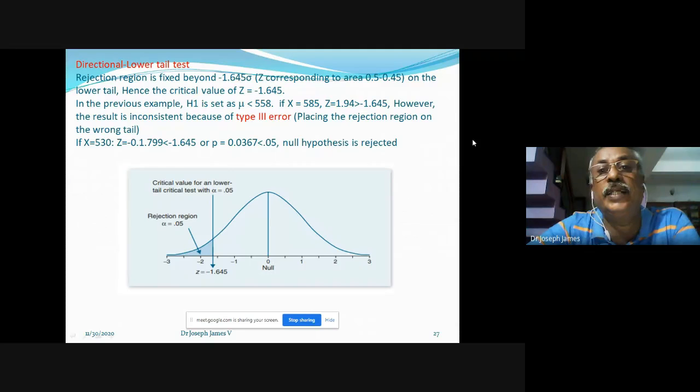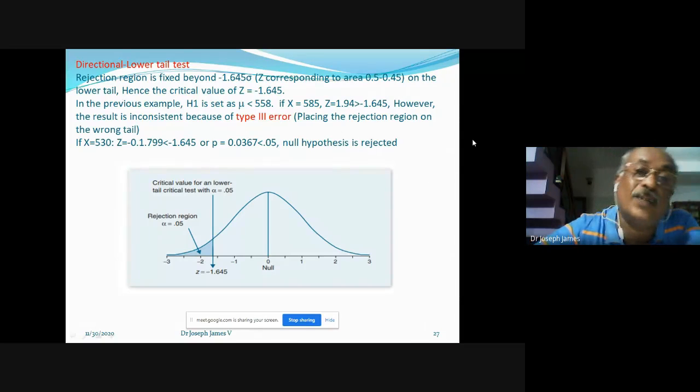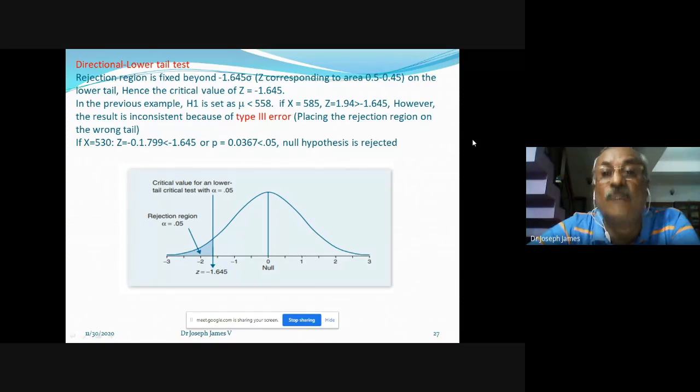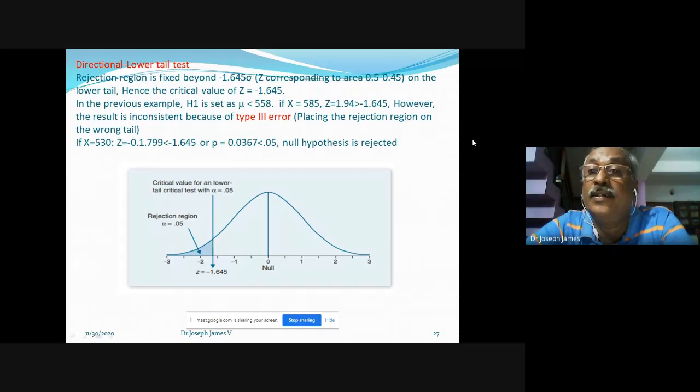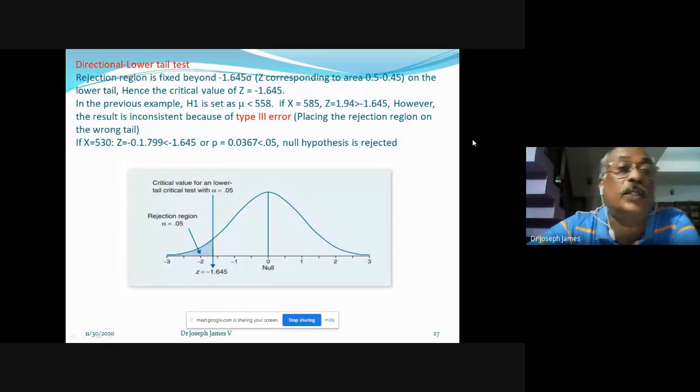Our sample mean is greater than the population mean. Only if the sample mean comes out less than the population mean can we place the rejection region on the lower tail. Therefore, there is an error of inconsistency, and such an error of inconsistency of placing the rejection region on the wrong tail is known as type 3 error.